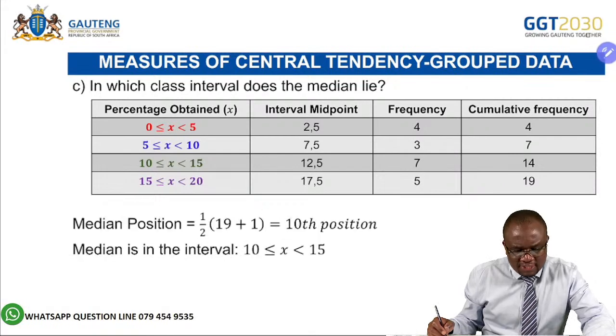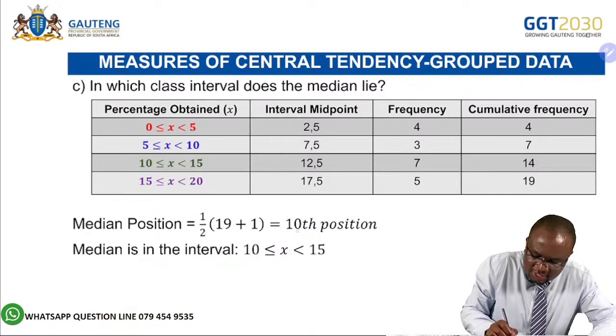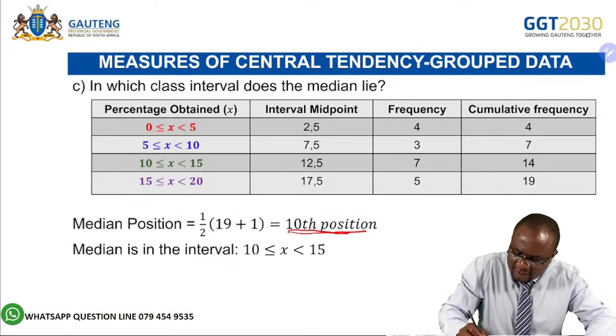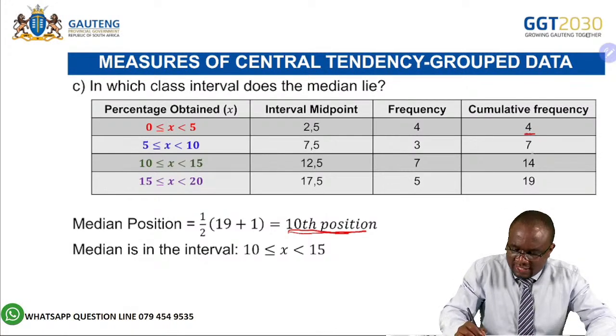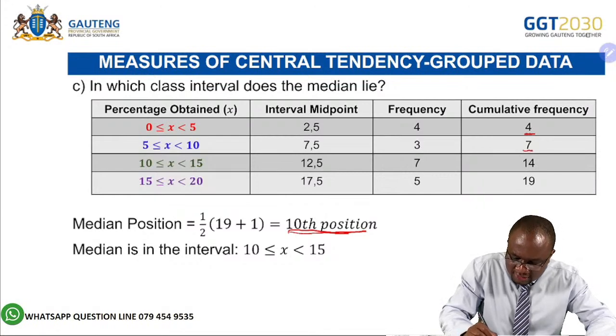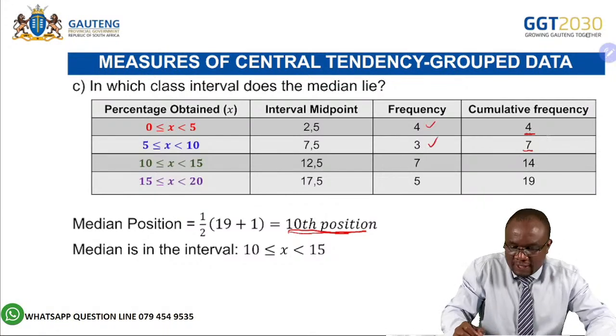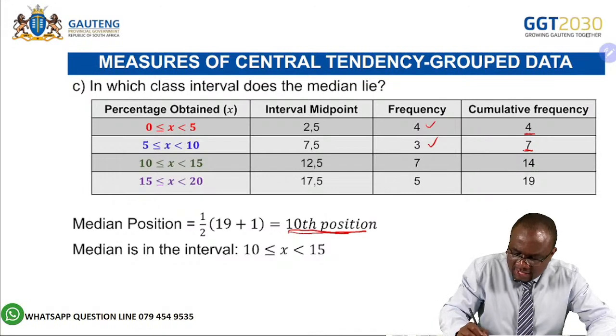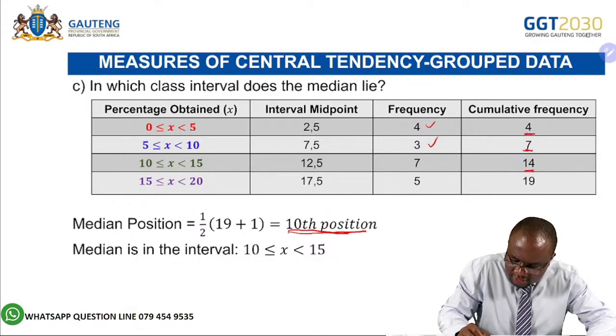And then, in which class interval does the median lie? Did we find the median position? We are saying it should be in the 10th position. Using our cumulative frequency column, here it is up to the 7th mark, and after they have been arranged in ascending order, this one is up to the 14th mark.